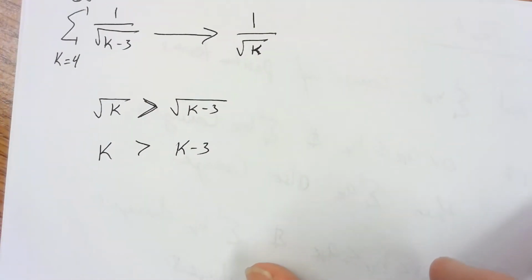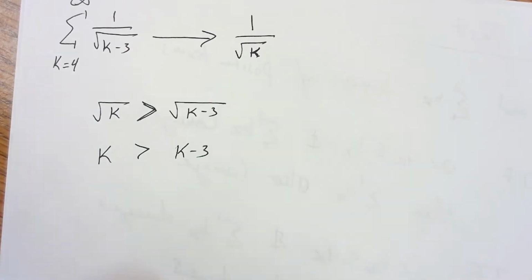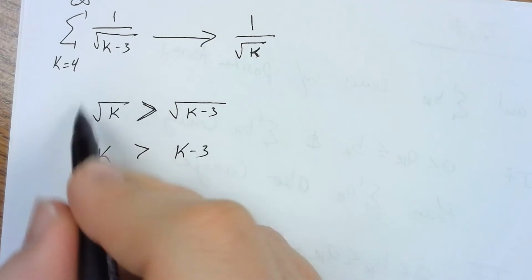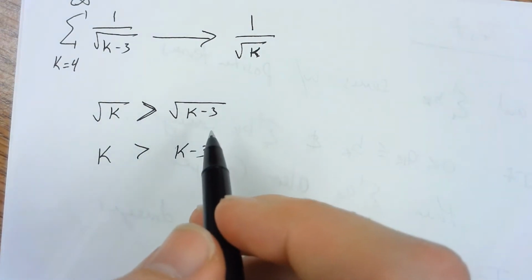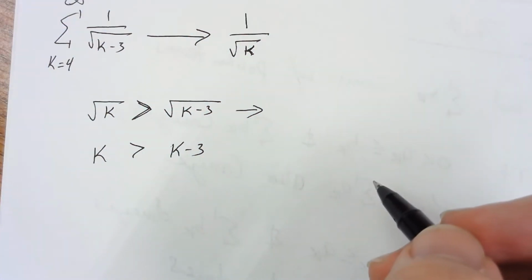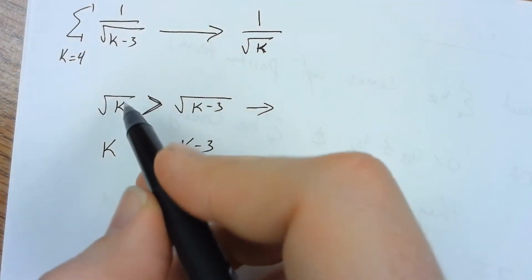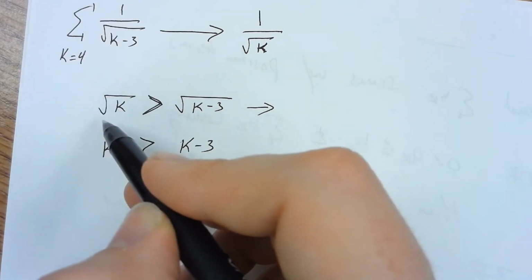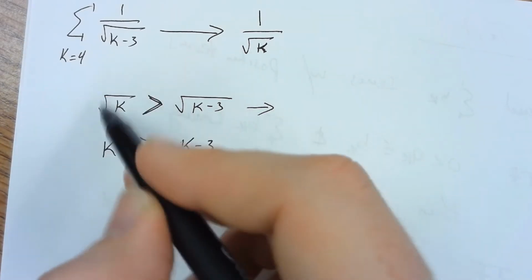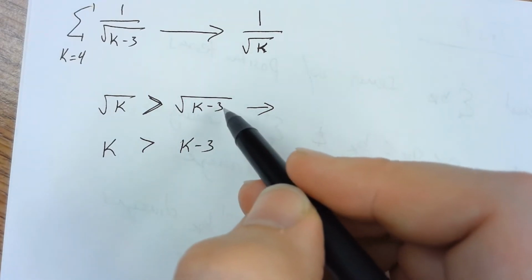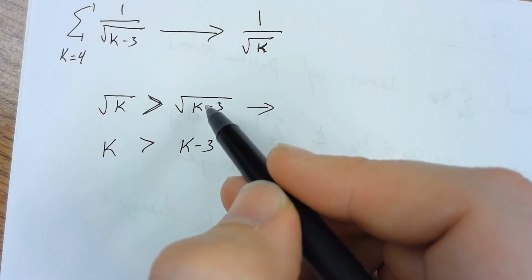Now let's talk about how we're going to flip the inequalities. So I want this to be the square root of k, and I want this to be 1 over the square root of k, and I want this to be 1 over the square root of k minus 3. I can't simply flip both fractions and assume the inequality will necessarily hold. Actually, what I'm going to do is multiply both sides by 1 over the square root of k, and that'll put this one as a 1, and this one will now have a 1 over k in the denominator. I'll do the same thing with the 1 over the square root of k minus 3.